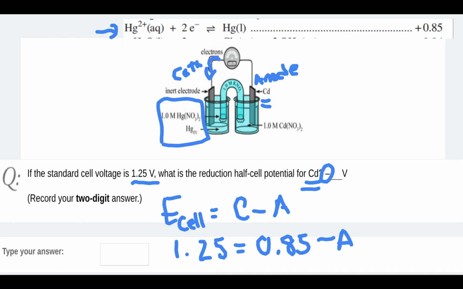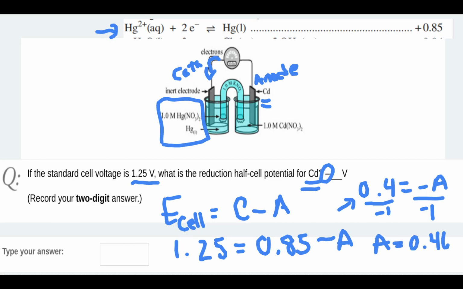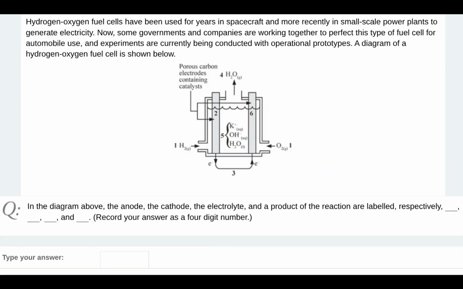So let's do that. And we get, sorry, my dog's barking here, 0.4 will equal the negative anode. So divide both sides by negative 1, and we'll know that that negative should be there, and the anode's half cell is 0.40. So the voltage at the anode, or the cell potential for the anode, is 0.40.